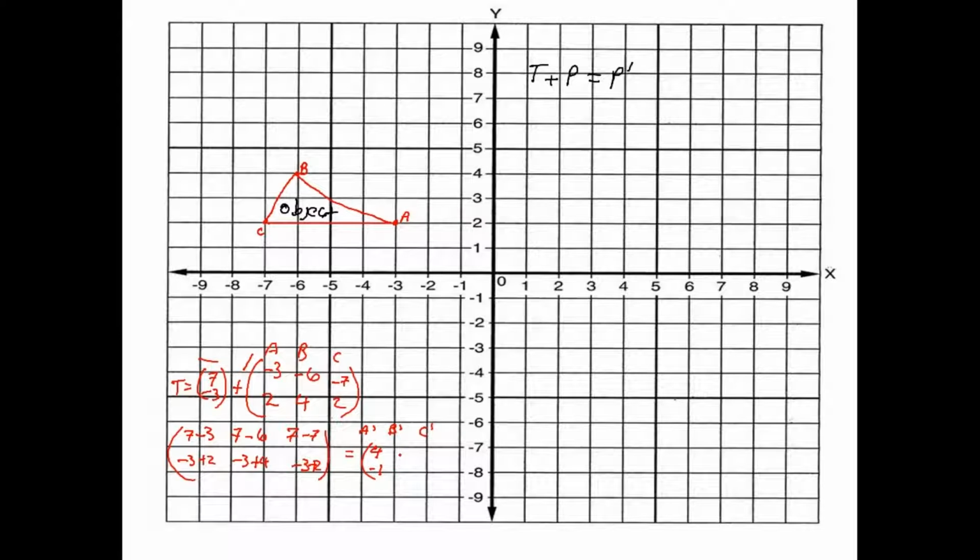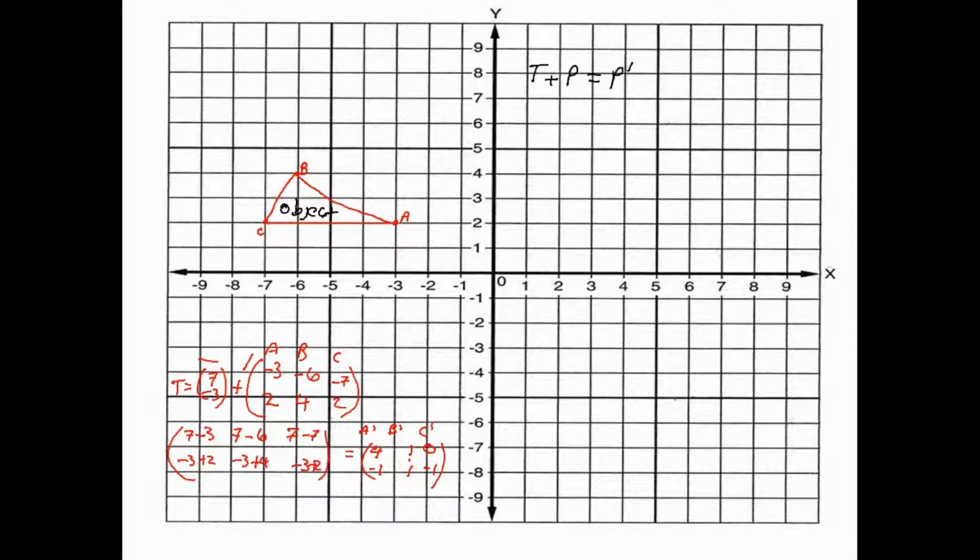Then we have 7 minus 6, we have a 1. And we have -3 plus 4, we have a 1. Then we have 7 minus 7 give us a 0. And -3 minus 2, we have a -1.